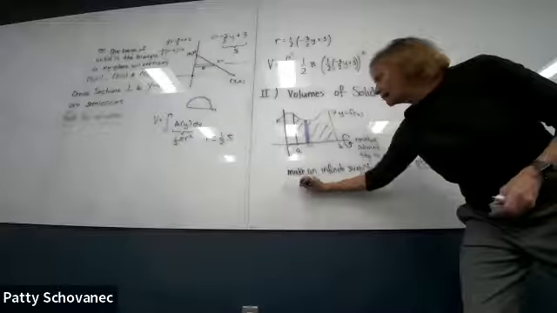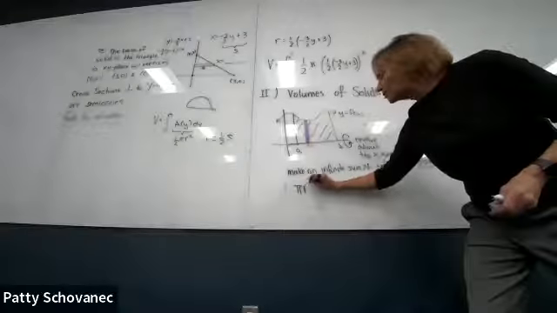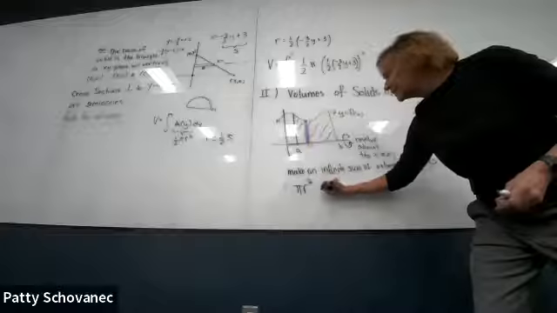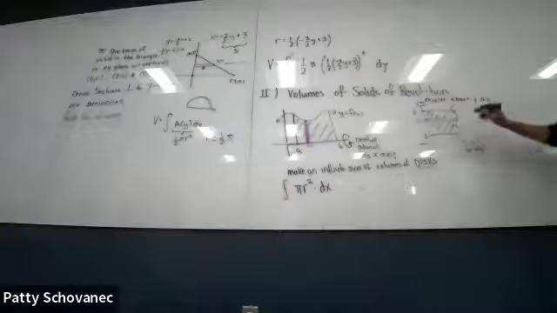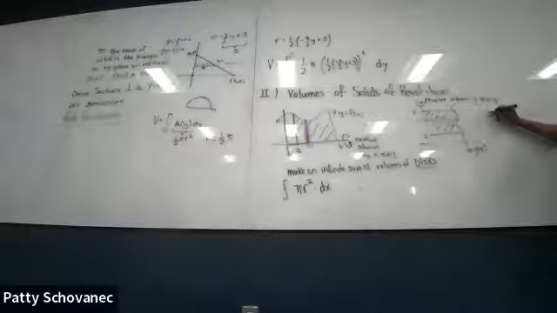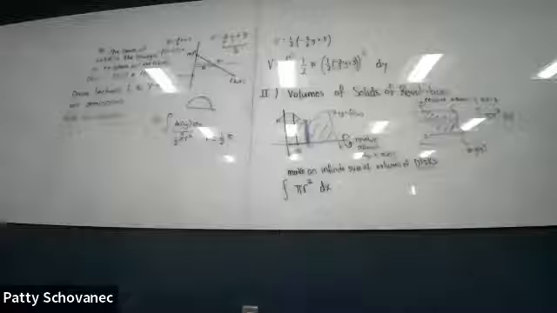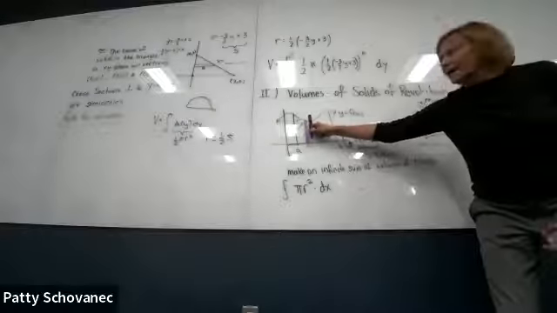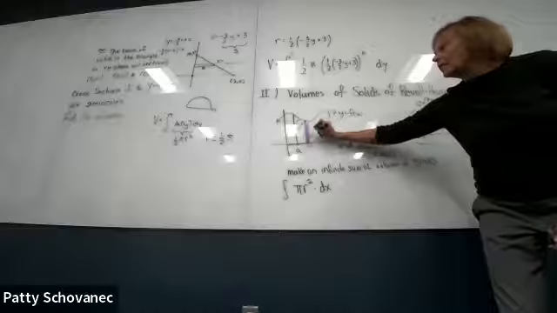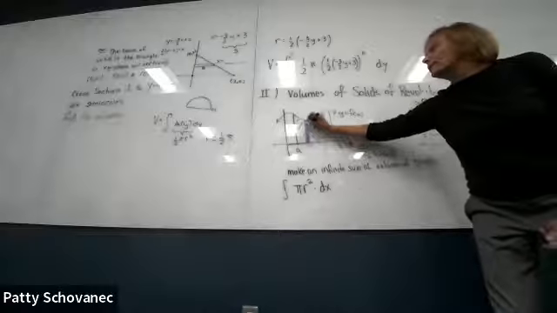Here, I would have pi r squared times dx in my integral. And here, I would have pi r squared times dy in my integral. And r, if this thing is revolving about the x-axis, then r is just this length right here.